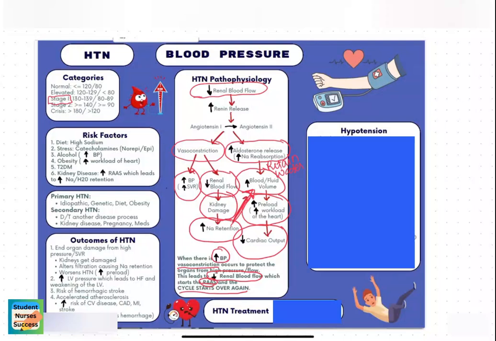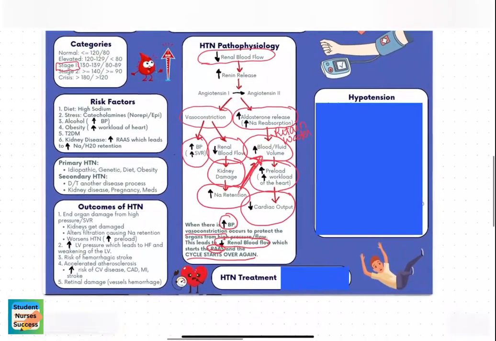Because the kidneys are damaged, there's an alteration in fluid volume, and we know that will worsen high blood pressure because it increases preload. We also know that with high blood pressure, we have an increase in left ventricular pressure. Your left ventricle has to pump against this high systemic vascular resistance, and over time that is going to weaken the heart and lead to heart failure.